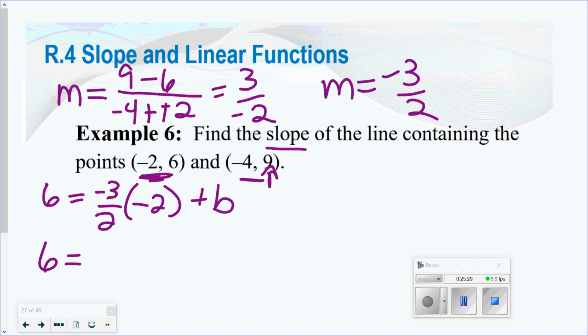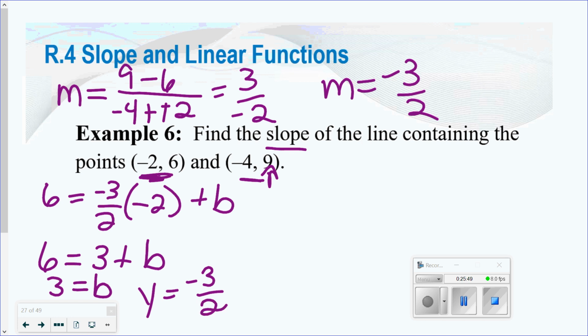So 6 equals, and I have -3 times -2, which is +6, divided by 2 is 3, plus b. We're going to subtract 3 from both sides, so 3 equals b. So our final equation would be y equals -3 halves x plus 3.